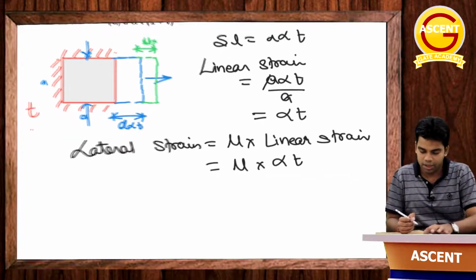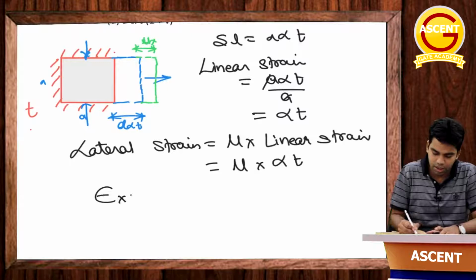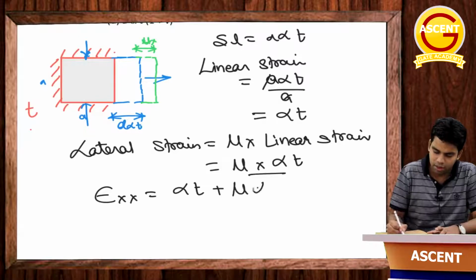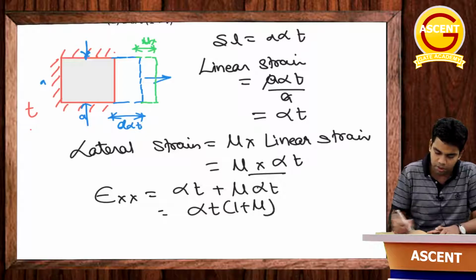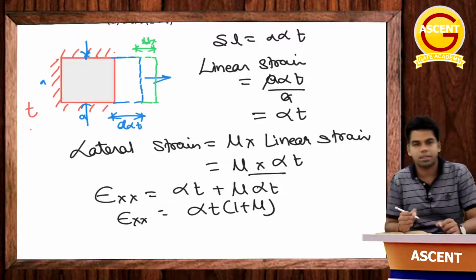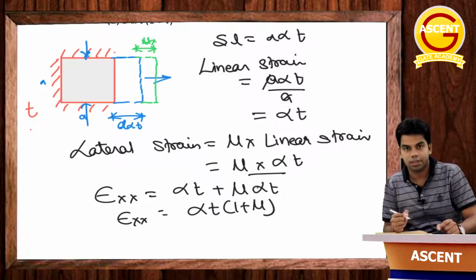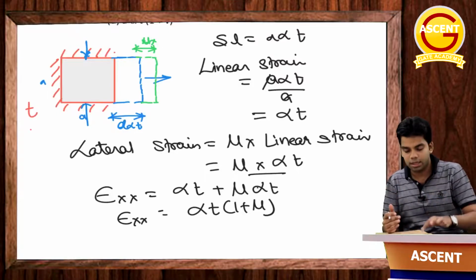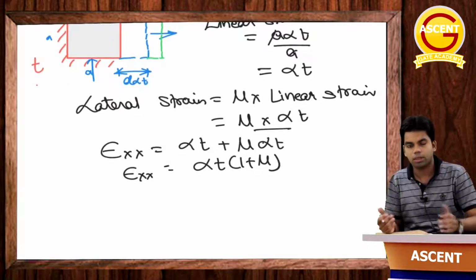Now, total net strain in the x direction is equal to linear strain, which is alpha into t, plus lateral strain, which is mu alpha t. So this will be equal to alpha into t into 1 plus mu. This is total strain in the x direction. Now, what will be the change in length in the x direction? That will be total strain into length.